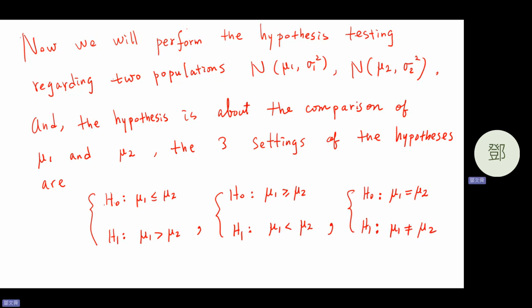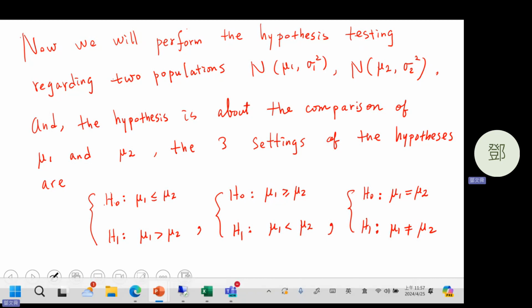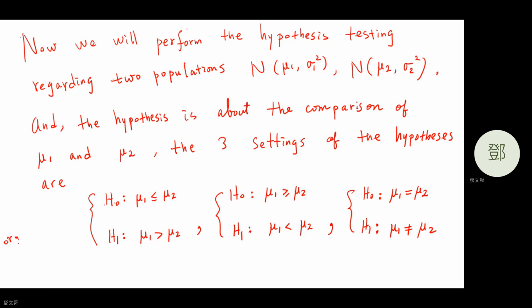And this last one is also a two-tailed test, or equivalently, H0: mu1 minus mu2 smaller than 0, and H1: mu1 minus mu2 bigger than 0.